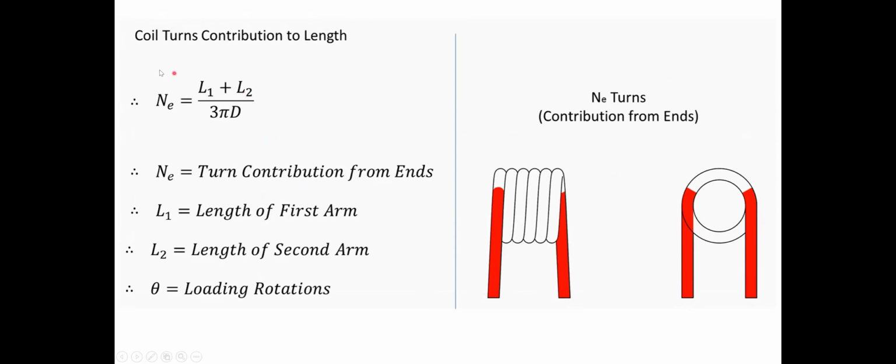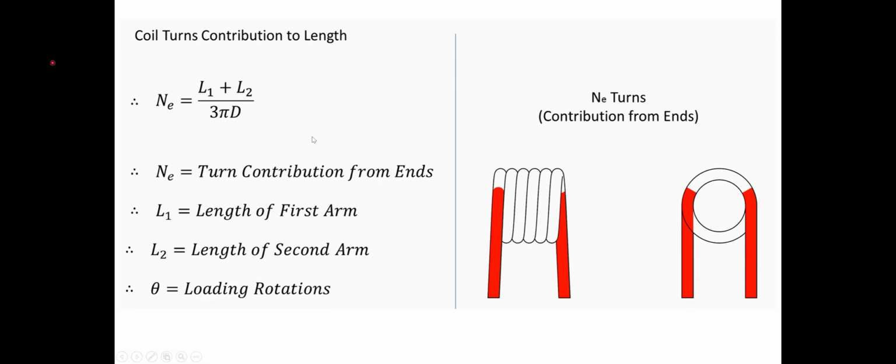We define the coil turns at the two ends, or two legs, as NE equals L1 plus L2 divided by 3 pi D. I will explain how this number is derived, but you just have to remember this first.